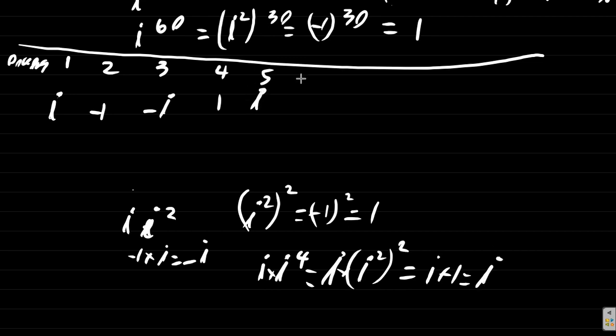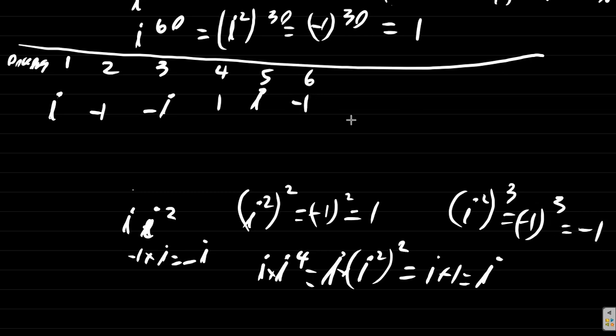When you have the power of 6, it is i squared cubed, which is (-1) cubed, which is negative 1.